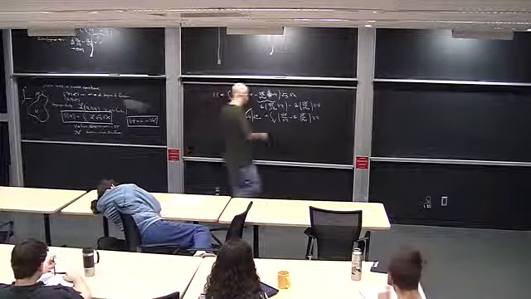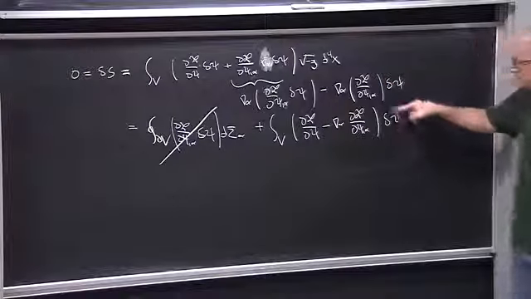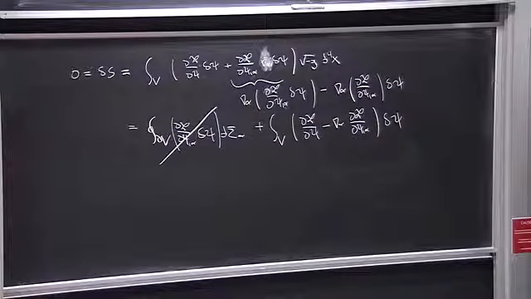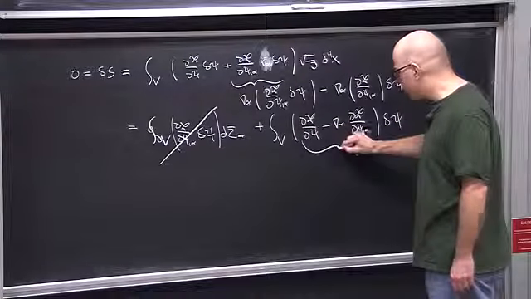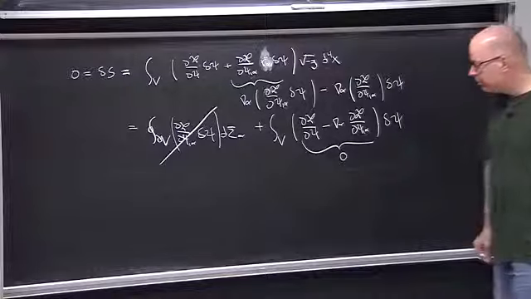And then this integral has to vanish for arbitrary variations around the true path. The only way this can be arranged is for the integrand itself to vanish by itself.